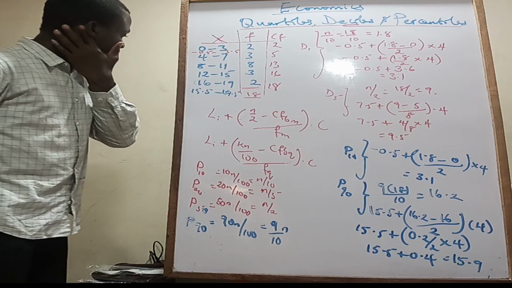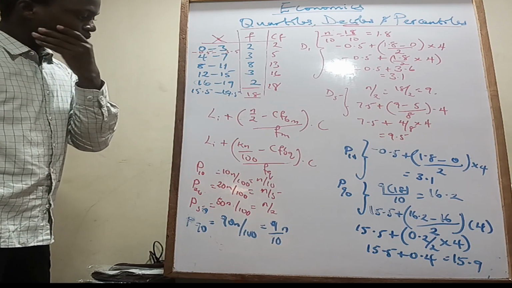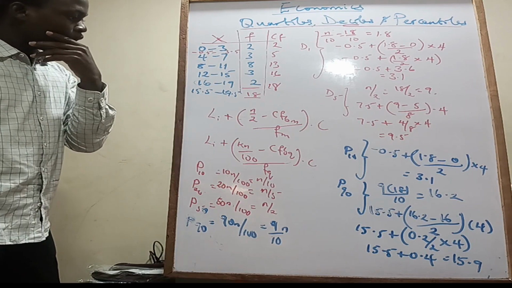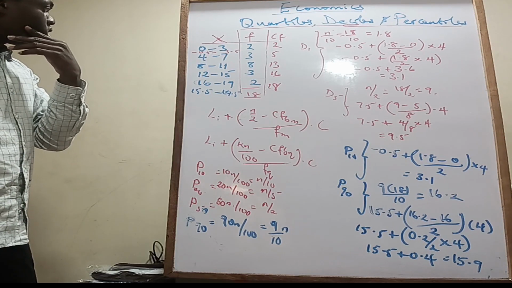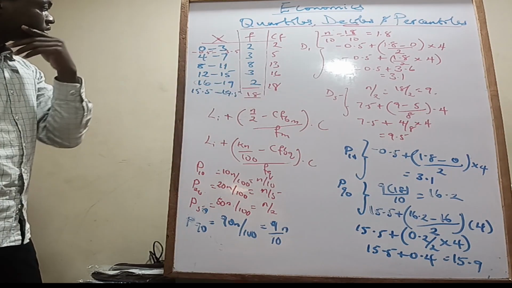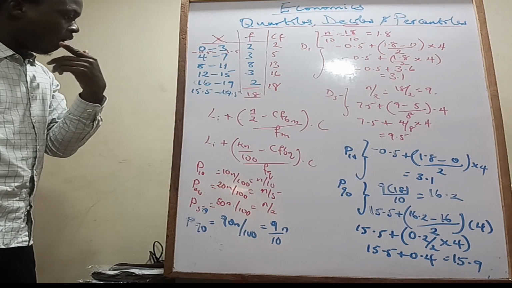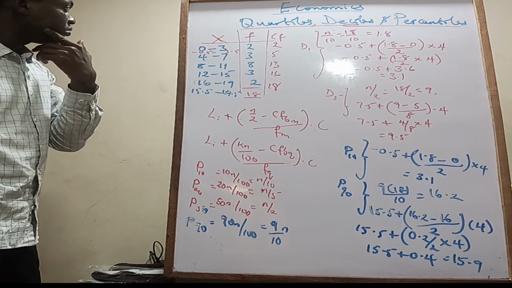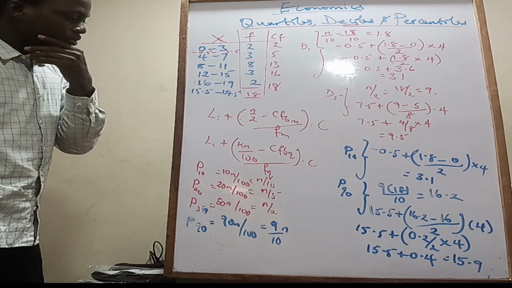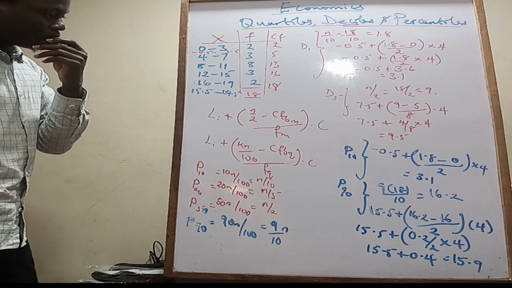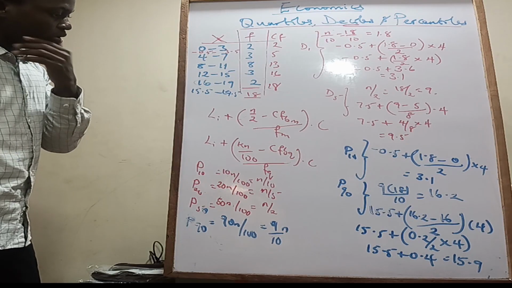So 15.5 plus open bracket 16.2 minus the cumulative frequency before the 90th percentile, 16, over the frequency of the 90th percentile class, which is 2, times 4.